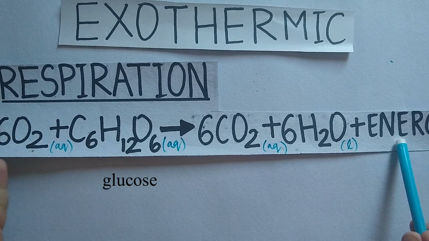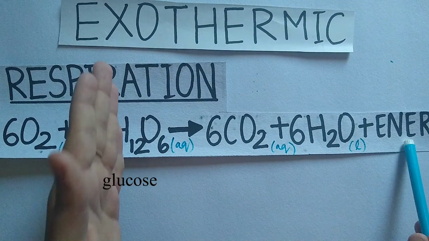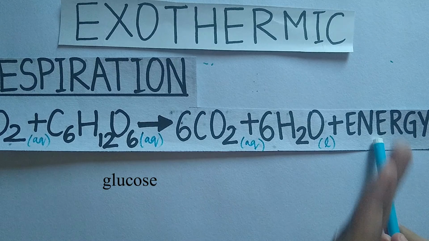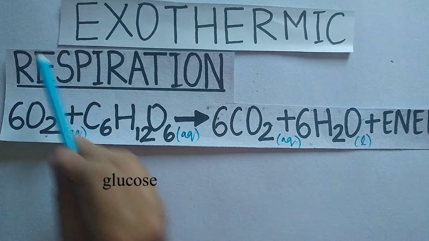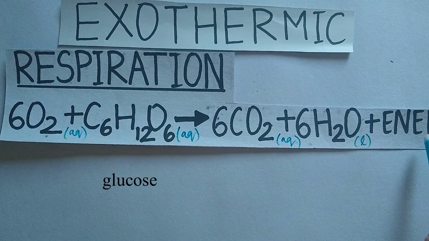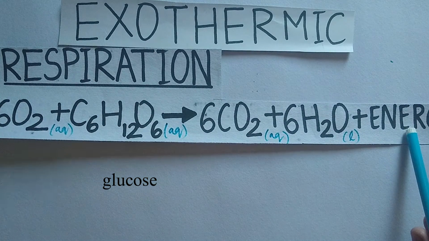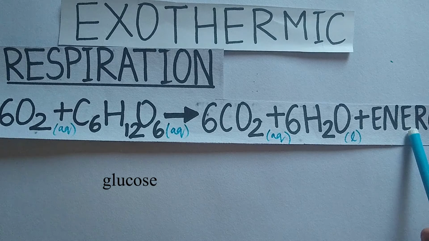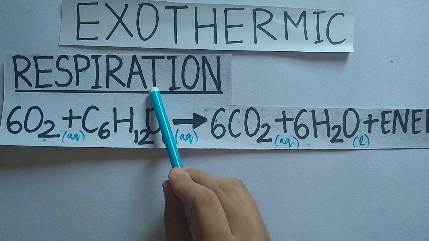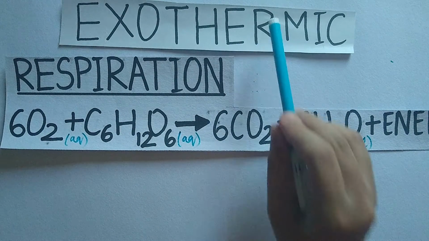It is because of respiration and the food that you're eating that you gain some amount of energy. So this becomes your exothermic process. Here if you observe, there is no visible heat being released, but you see energy in the form of heat being released. So that is why respiration is an exothermic process.